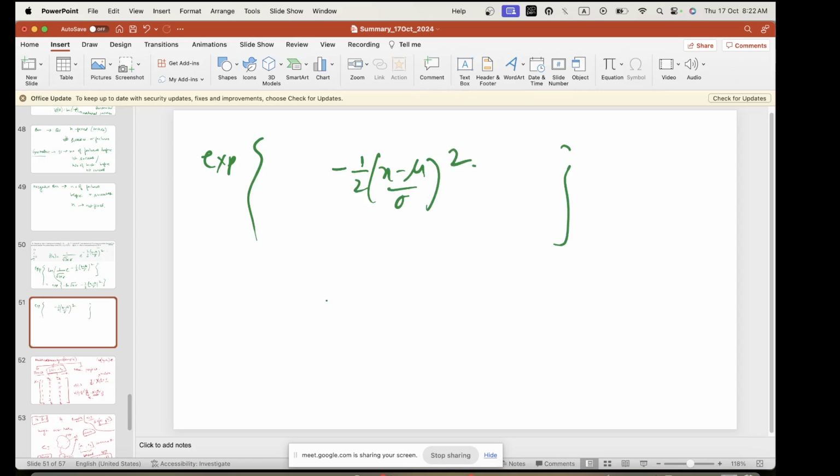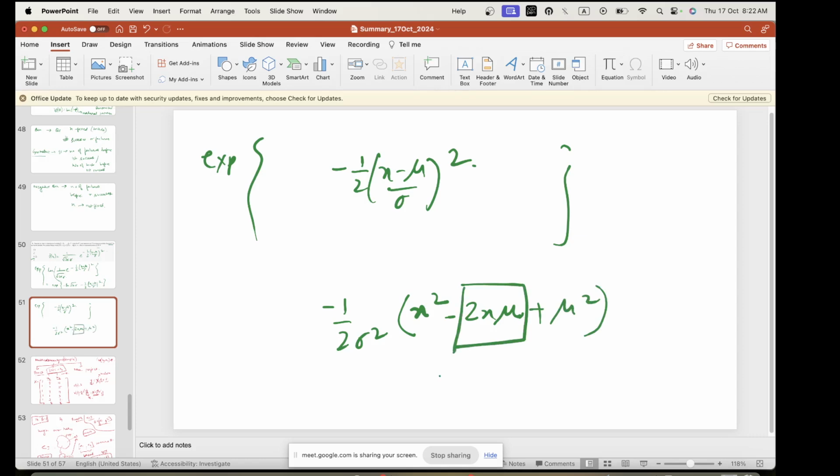So that we can write as 1 by 2 sigma square into x square minus 2x mu plus mu square. So the x and mu containing term is this one.